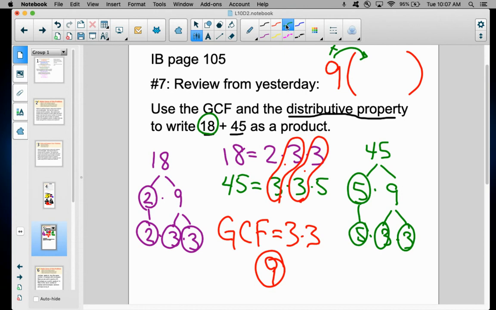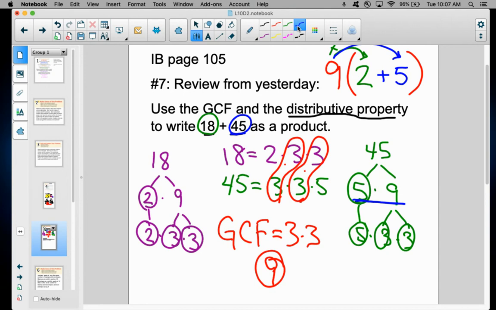So what's the factor pair that goes with 9 that gets you to 18? That's the 2. And then do the same thing for the second number, 45. What times 9 gets you to 45? We actually did that right over here. This is the factor pair, and so the 5 goes on the inside. And we can always double check it by doing the math.